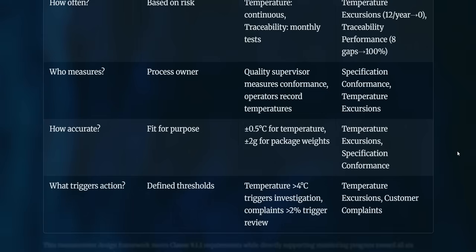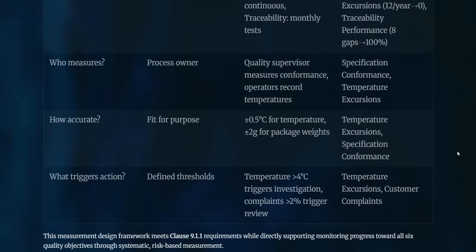The links addressed here include temperature excursion and customer complaints reduction. This measurement design framework meets Clause 9.1.1 requirements while directly supporting monitoring progress toward all six quality objectives through systematic and risk-based thinking measurement.